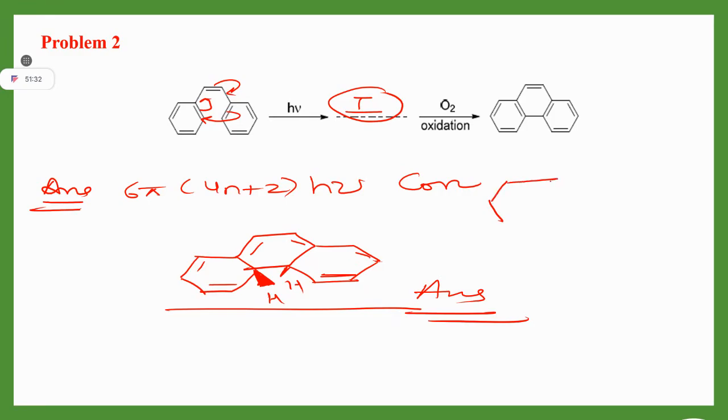So let me tell you. This is your system, right? If you are looking at your system, you can see that these hydrogens are opposite, right? This is going that side and this is going this side. They are not going the same side, correct? And under conrotation, they will be trans only, as I have told you earlier.